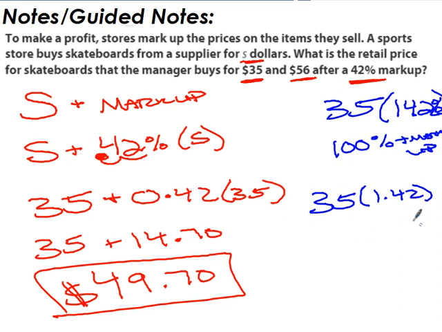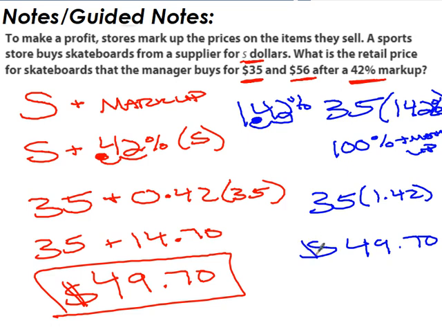And the reason why I got the 1.42 is if I'm doing 142% to convert it to a decimal, move it over twice, there's where my decimal goes. So 35 times 1.42 is $49.70. It gives me my new cost without doing any addition, because it's taking the 100% of the 35, adding the 42% of the 35, and that's why I'm getting the 142%.